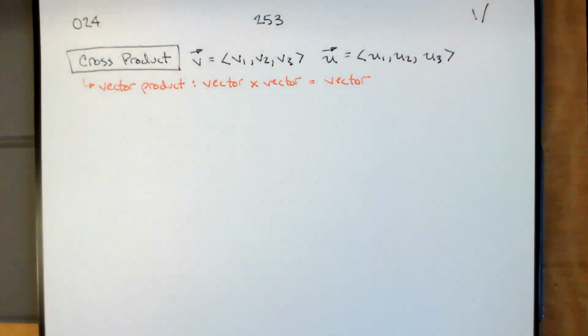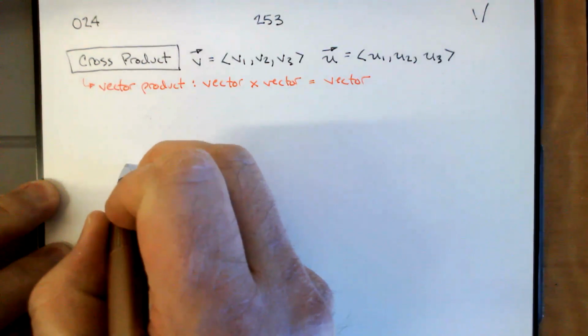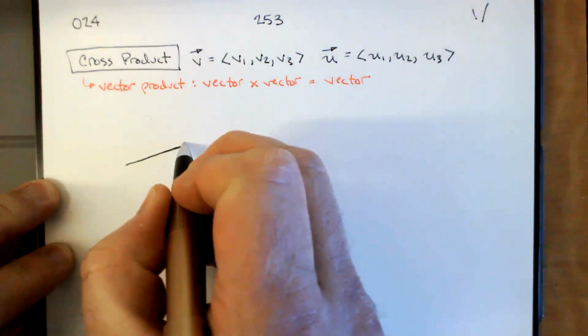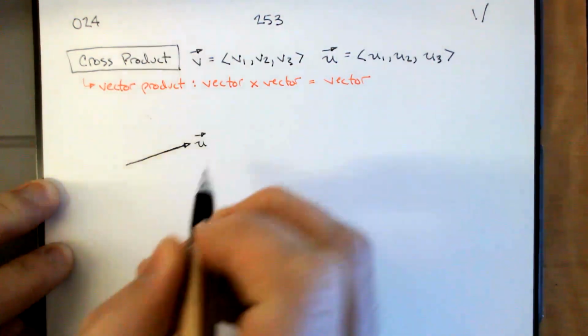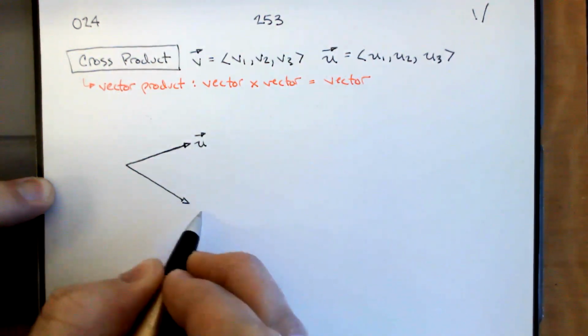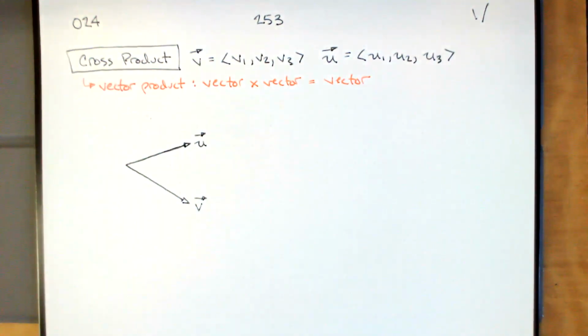So the cross product is a vector product. We'll say V cross U. So we're multiplying, but the product is going to be a vector. Remember yesterday we mentioned that if we have any two vectors that are not collinear, those vectors will be sitting in a plane.